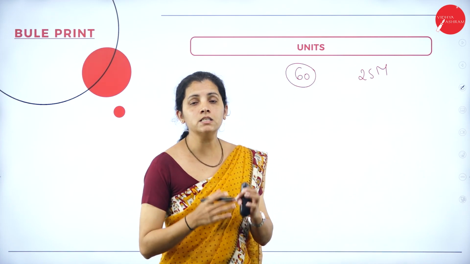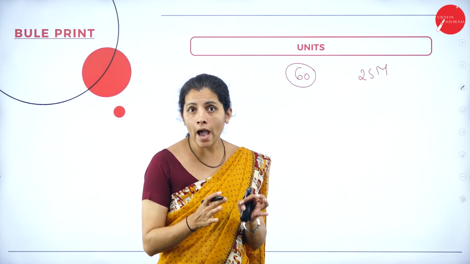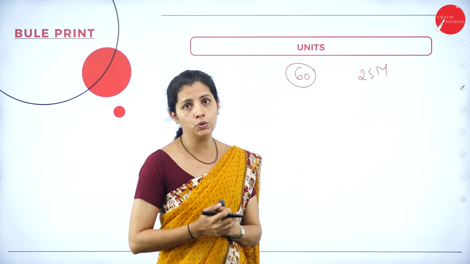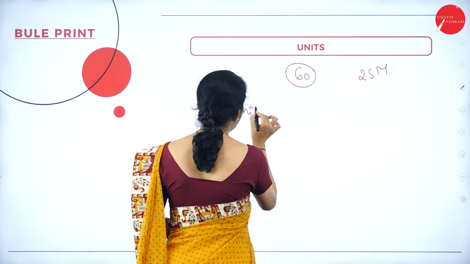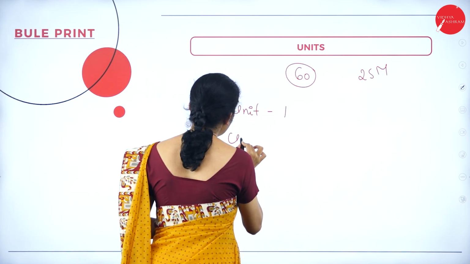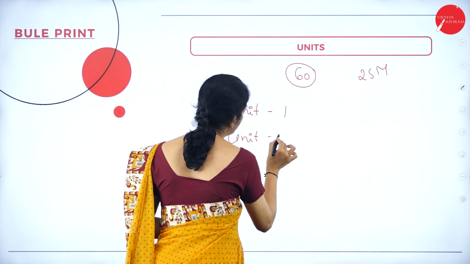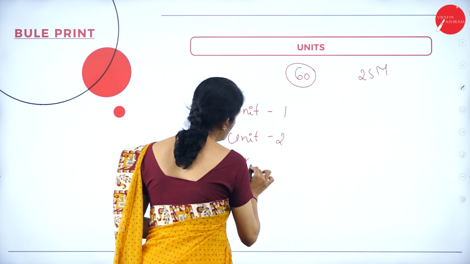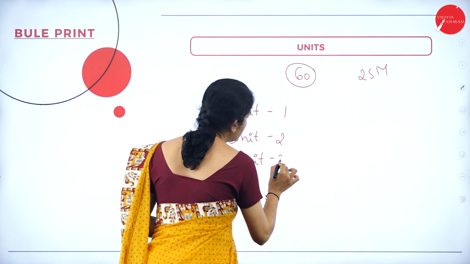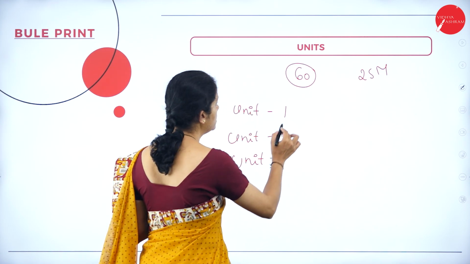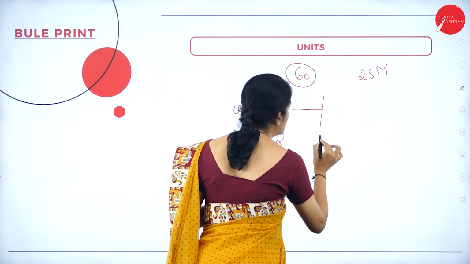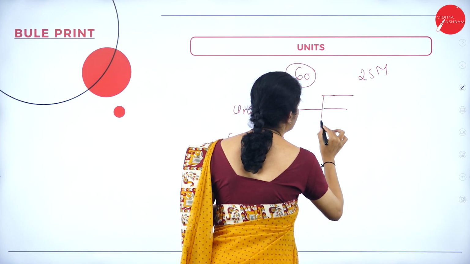In C programming, we have 3 different units: unit 1, unit 2, and unit 3. Unit 1 includes 4 chapters.